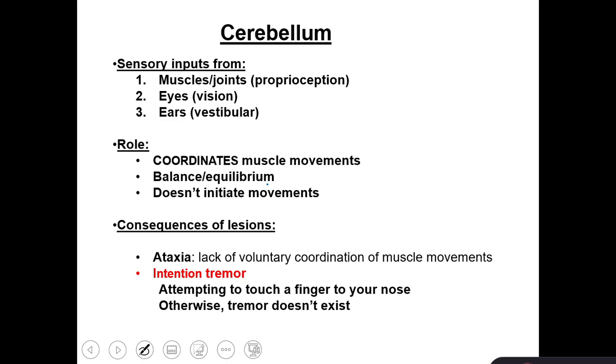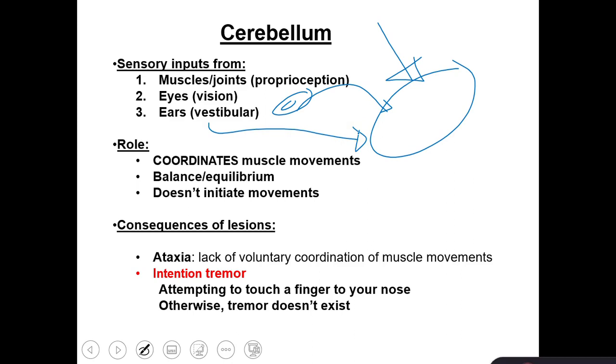The cerebellum receives sensory information from three inputs. The muscle, which we call the proprioception pathway, so your skeletal muscles send a signal to the cerebellum, telling the cerebellum about their position. Also, the eye sends a signal about the position, as well as the vestibular apparatus in the inner ear.